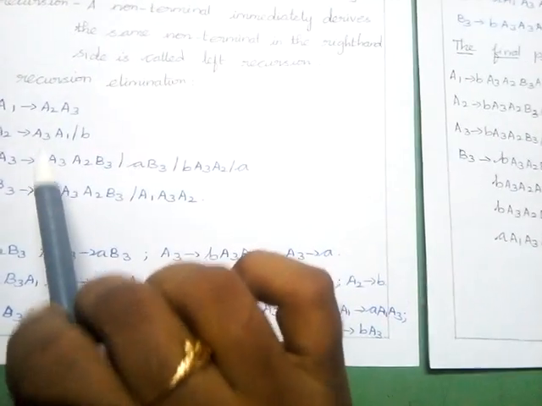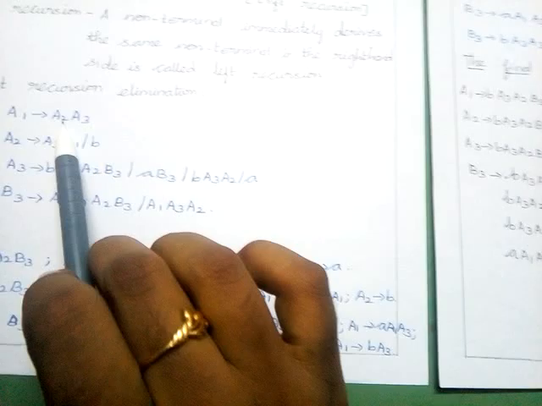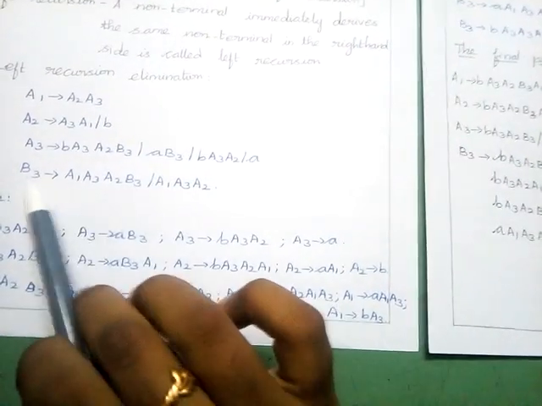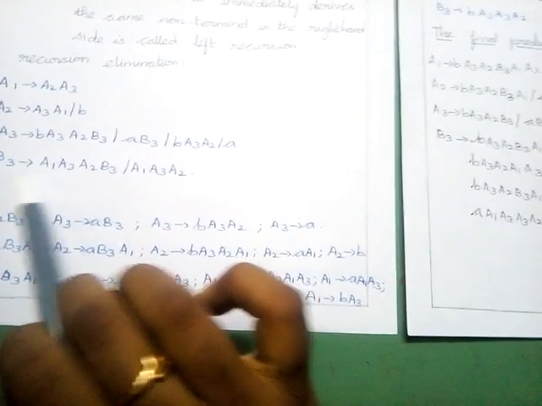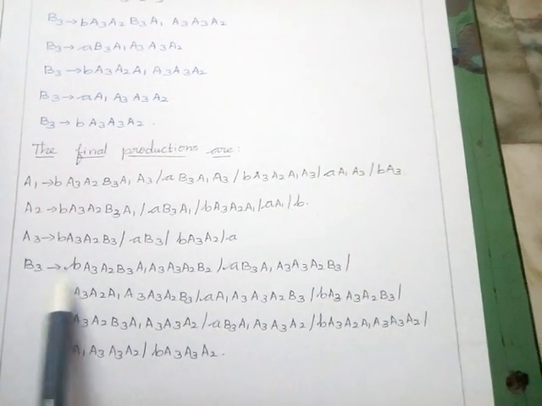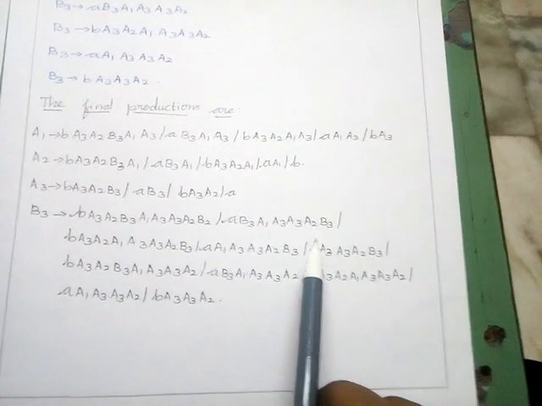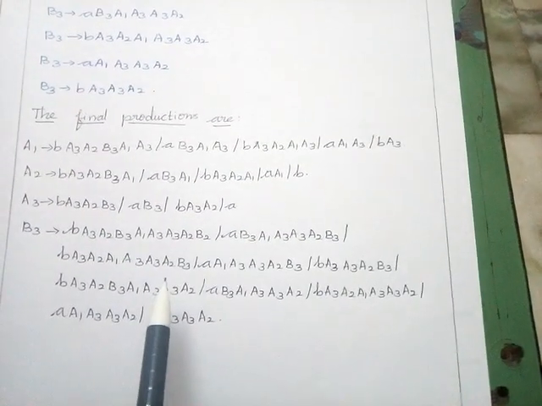Now we have to substitute the production of A3 here, and then substitute the production of A2 here. After that we have to substitute the productions of A1 here. Now all the productions are in GNF format, that is, a single non-terminal derives a single terminal followed by any number of non-terminals. This is called Greibach normal form.